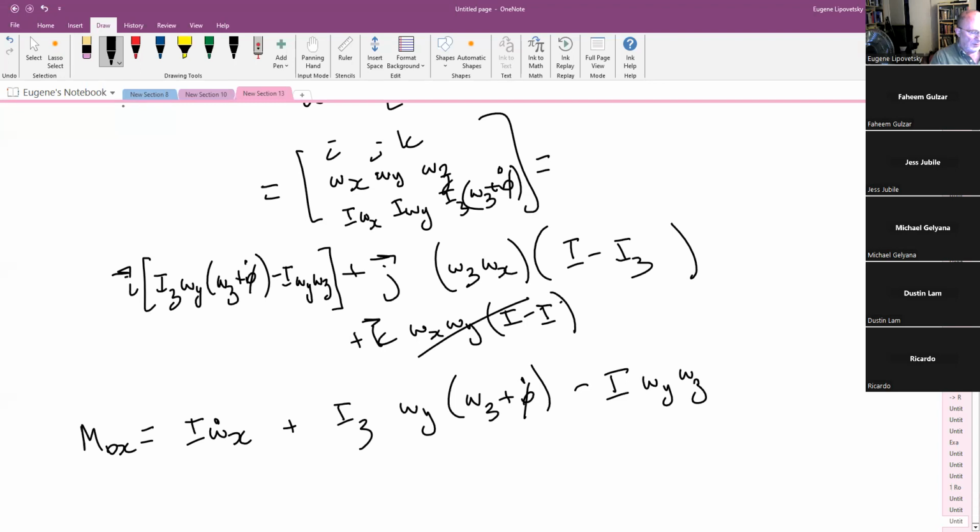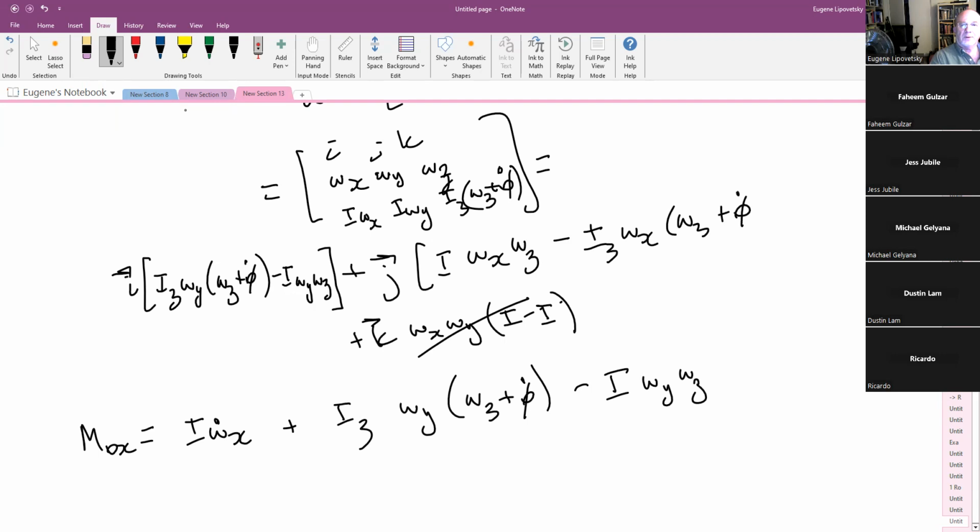The j's term, minus, all right, so it's also going to be corrected a little bit. J's term is going to be this one, right? I omega x omega z minus Iz omega x omega z plus phi dot.